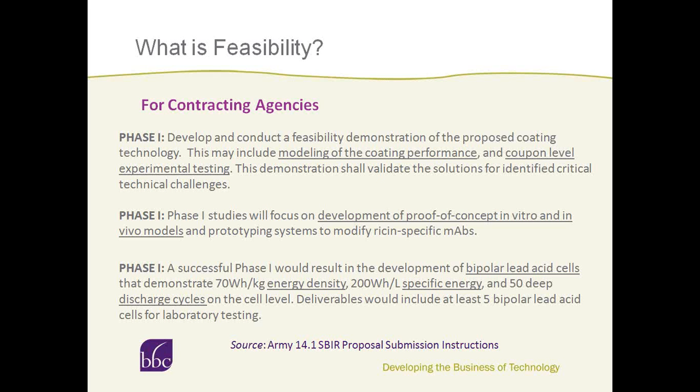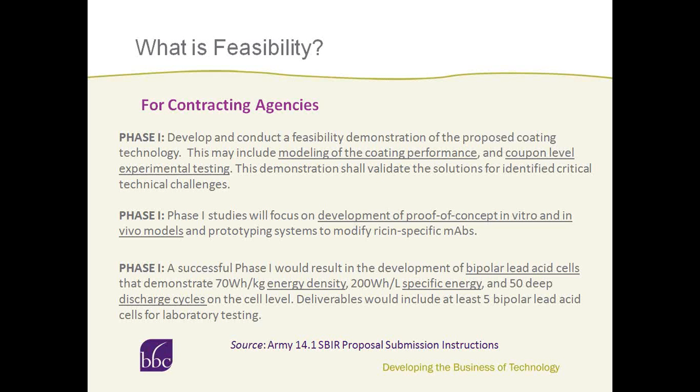So my point here is that feasibility for contracting agencies that have very specific topics typically does not require imagination on your side. You certainly have to describe how your project will result in and deliver these particular deliverables that are specified.